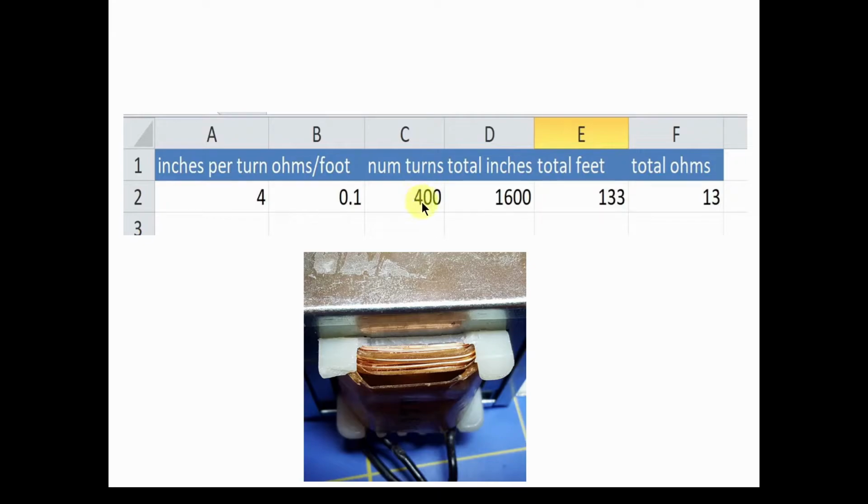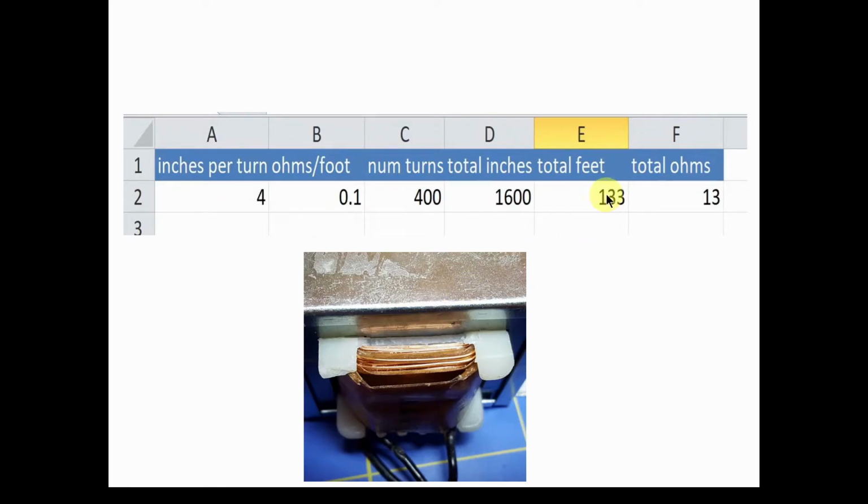So with 400 turns, 4 inches per turn, that's 1,600 total inches of number 30 wire on the primary. 1,600 inches divided by 12 is 133 feet. So this means there's over 100 feet of wire on this 120 volt winding.